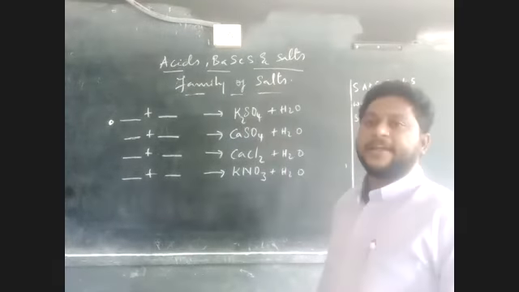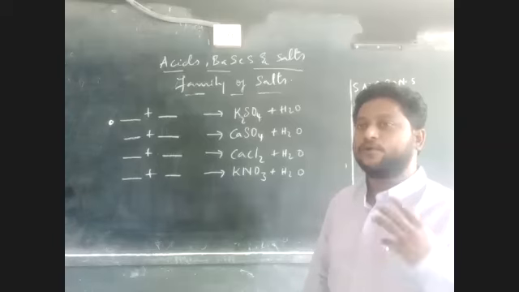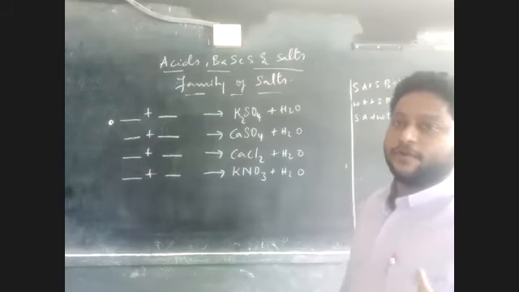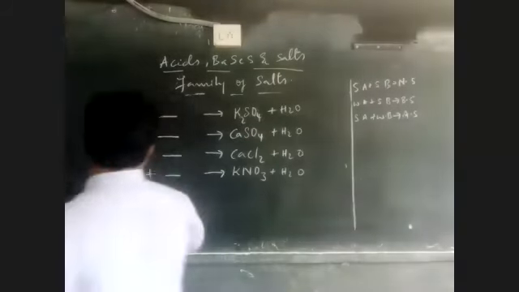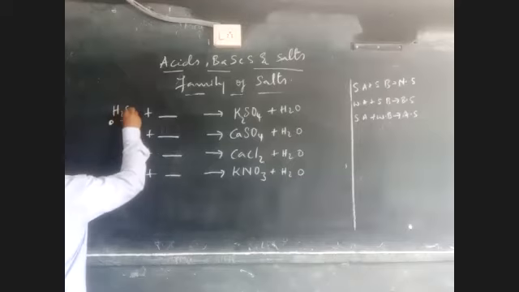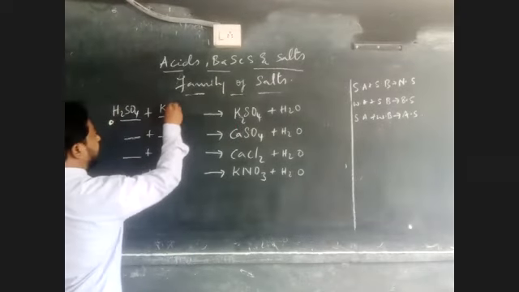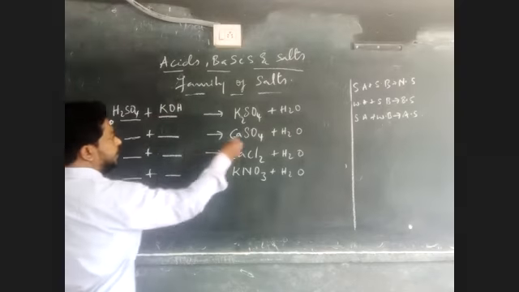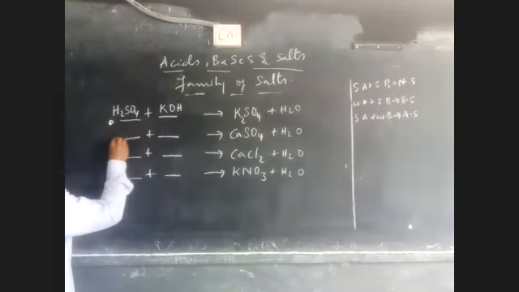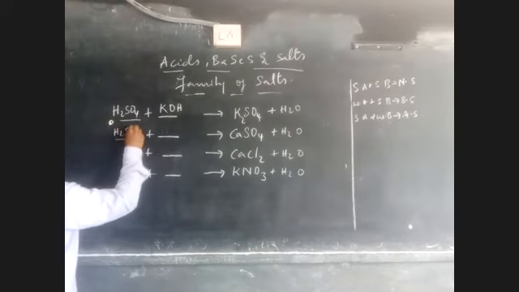Here you have K2SO4. So SO4 you will find in sulfuric acid, that is H2SO4. Now potassium, write potassium hydroxide, KOH. Now what about SO4 here again? H2SO4.